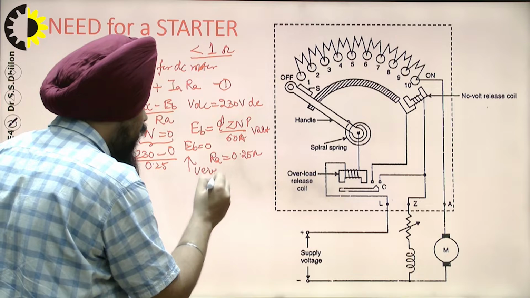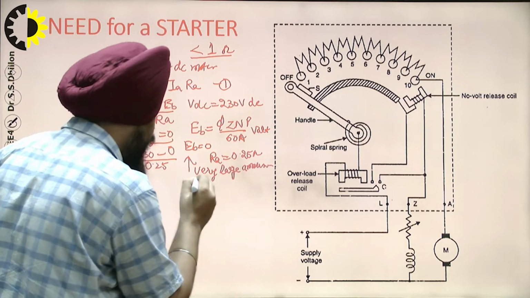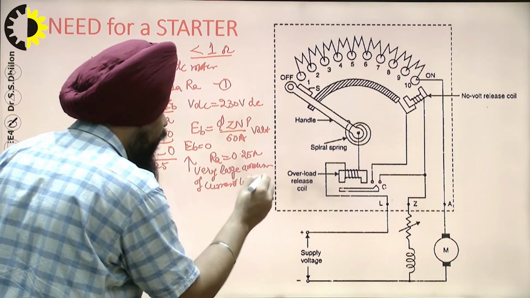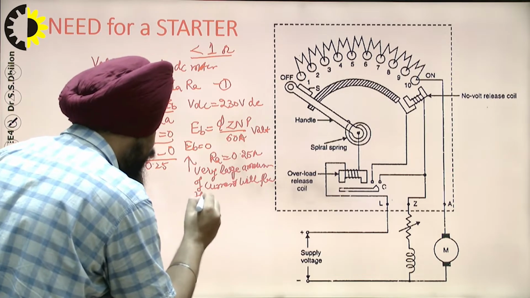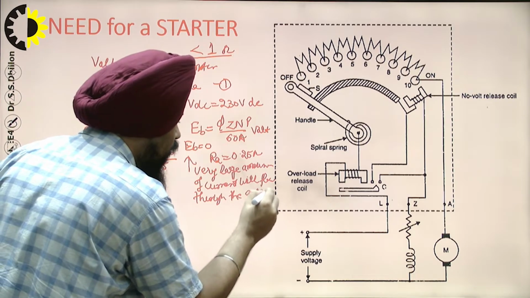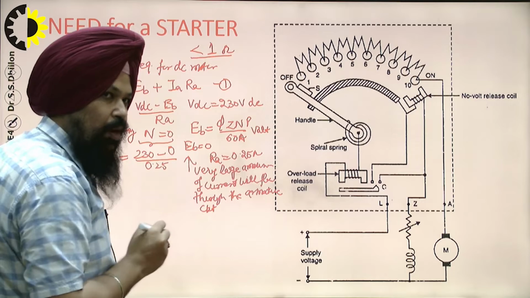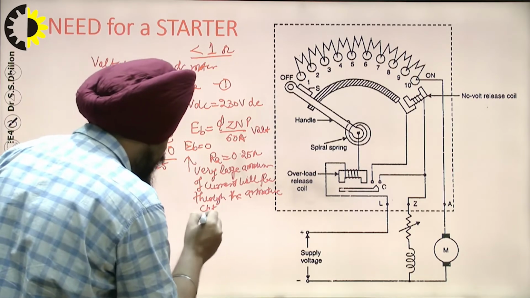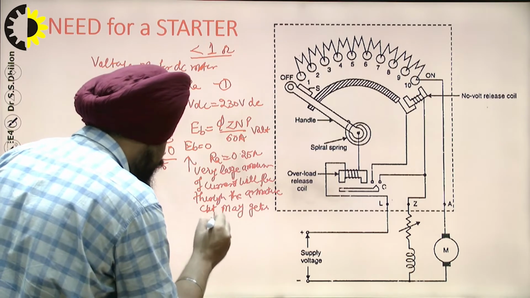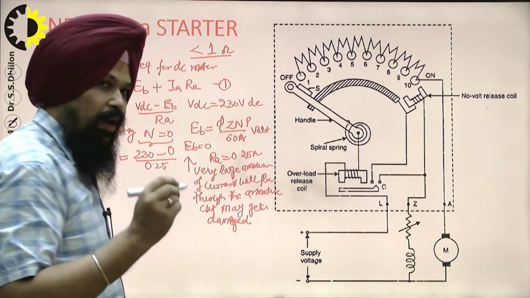A very large amount of current will flow through the armature circuit, and that's why our armature winding may get damaged due to this high inrush current.